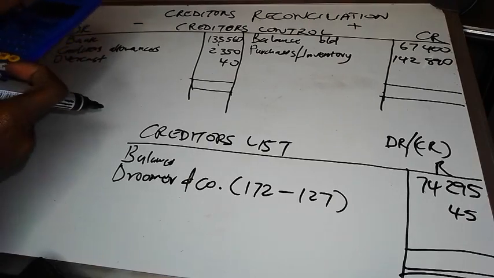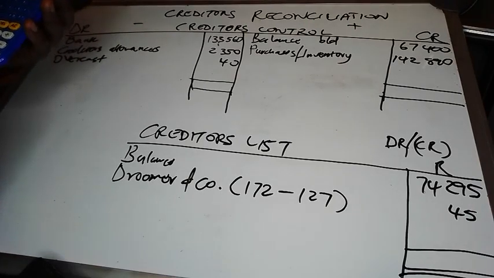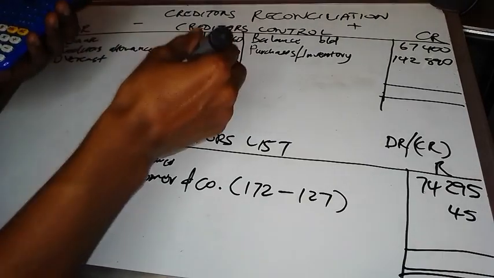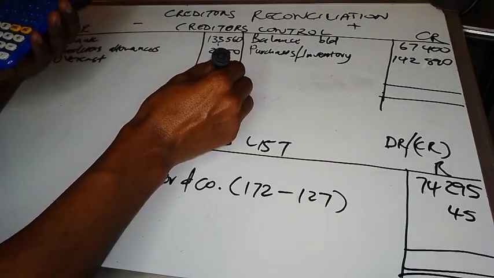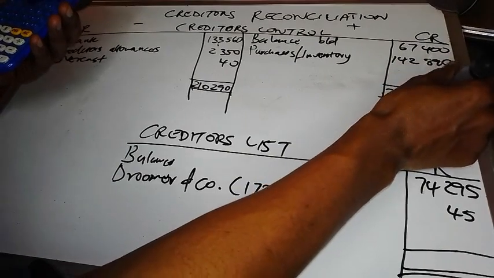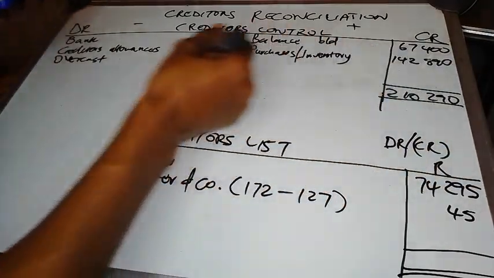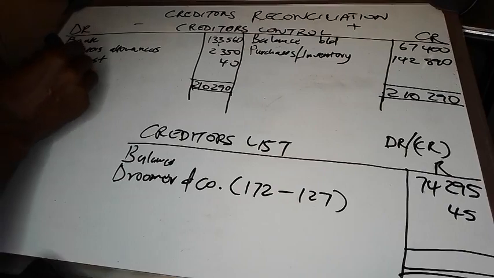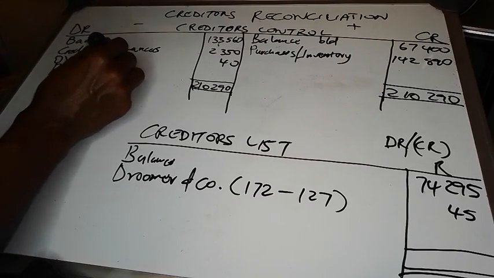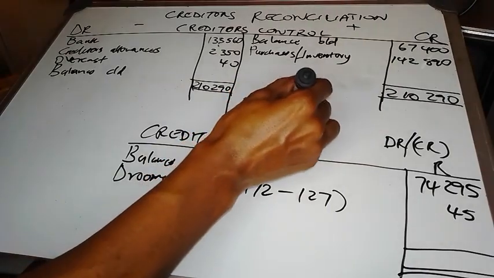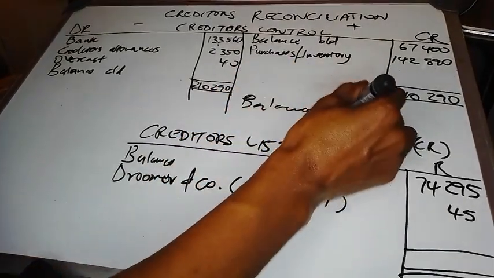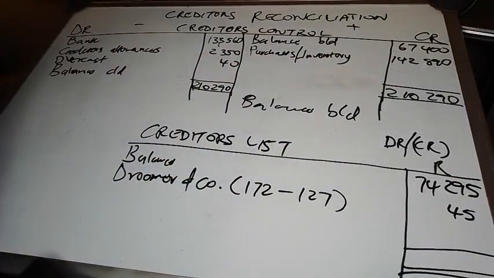Now let's start with the ledger. We're going to start totaling the credit side because a control account is a liability account, and therefore it means it's credited. So we expect the credit side to be bigger than the debit. We take the totals, 290, 210, 290, right? And then we subtract. We are going to have a difference here which represents a balance carried down, which becomes a balance brought down, an opening balance.